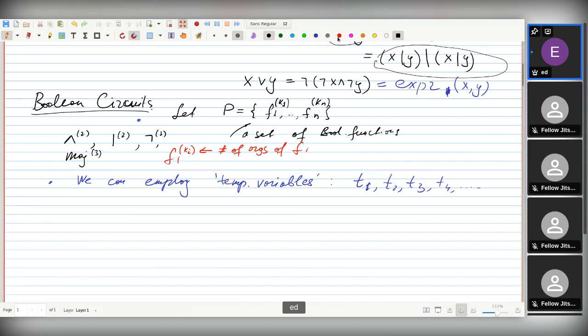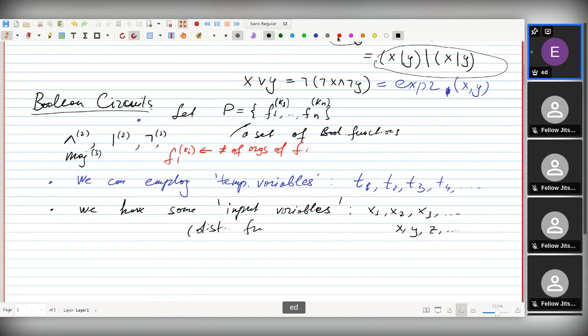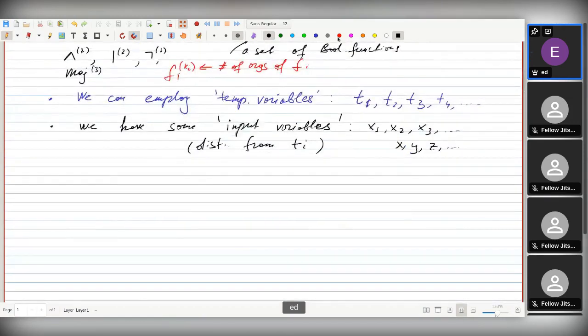This is the only thing we need from them. We have some input variables, which are distinct from our temporary variables. They may be called x1, x3, and so on, or like x, y, z, and so on. They are distinct from our t's, from our temporary variables.